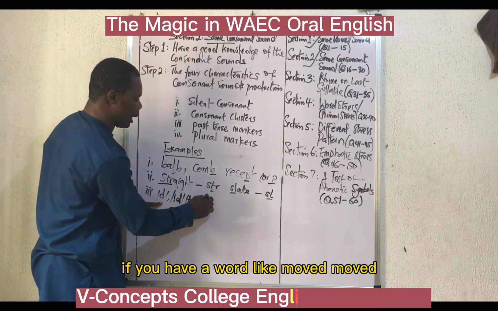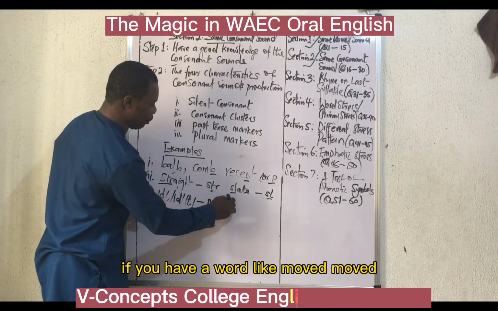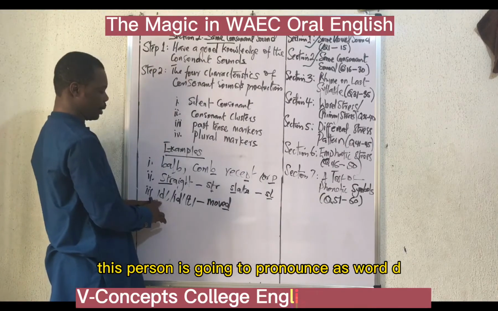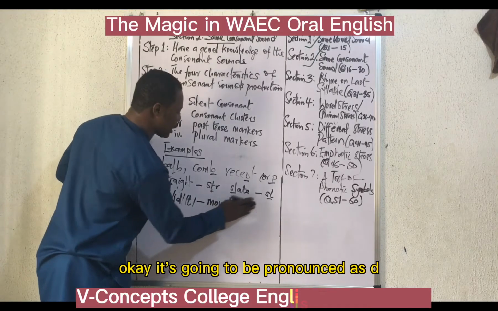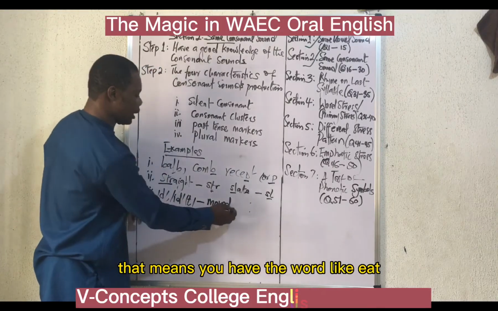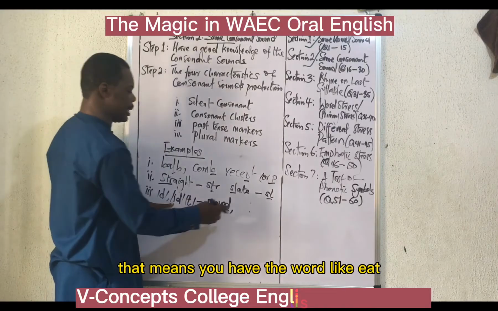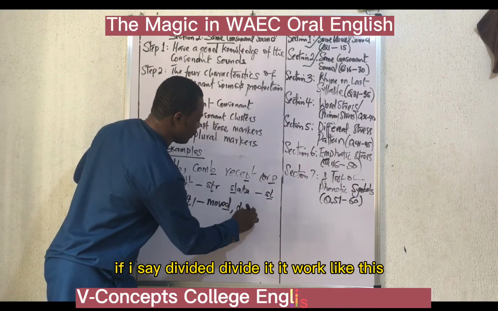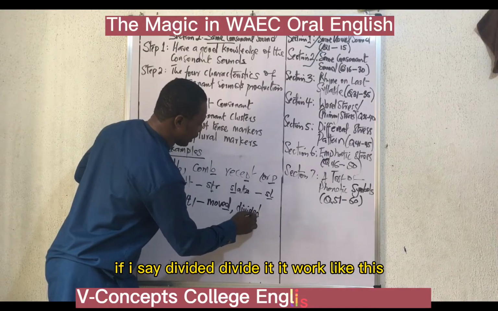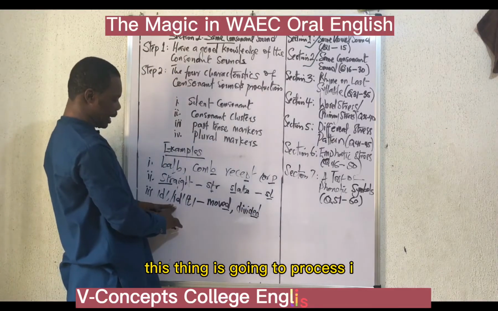If you have a word like moved, this past tense is going to be pronounced as D. Then if you have a word like divided, the D is going to be pronounced as ID.